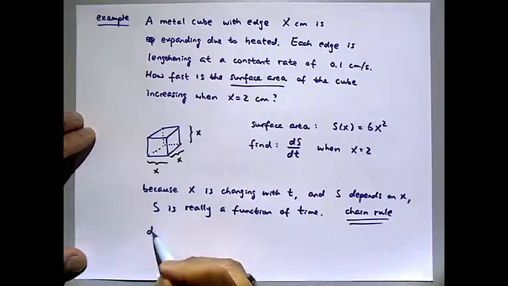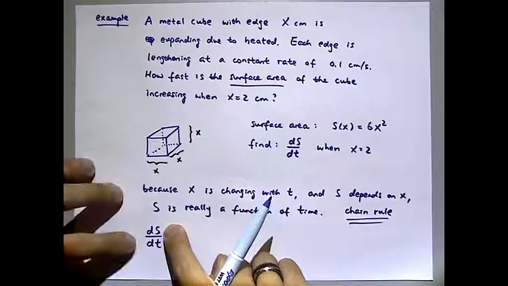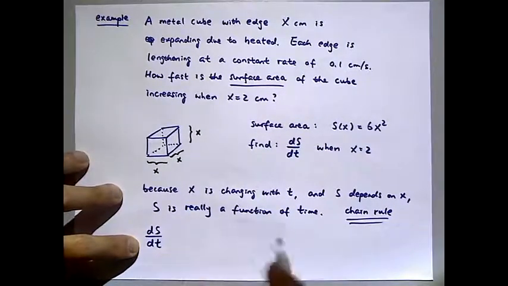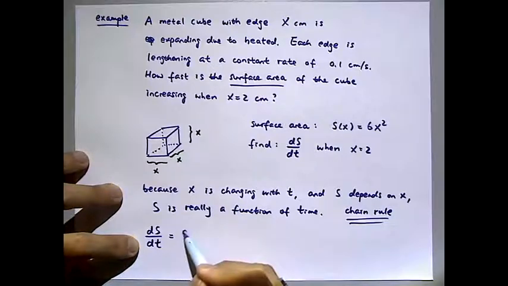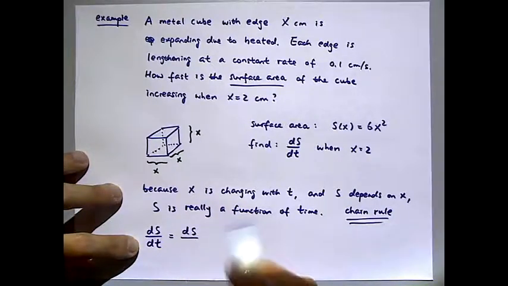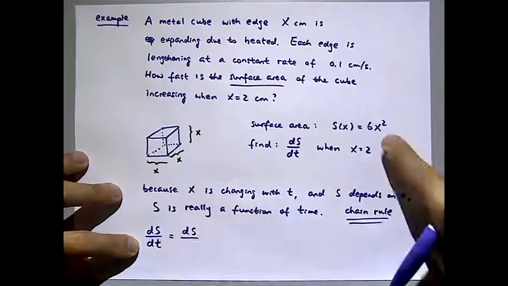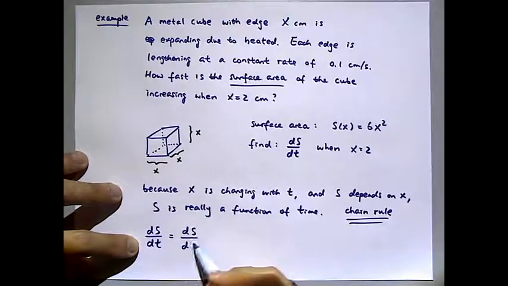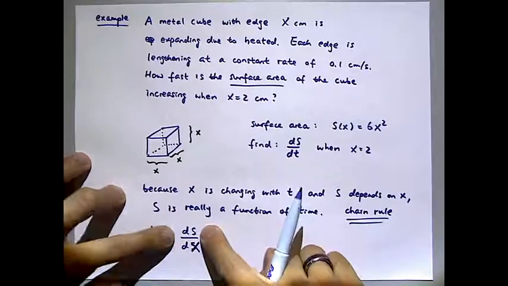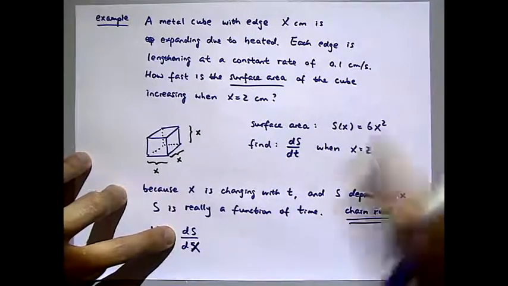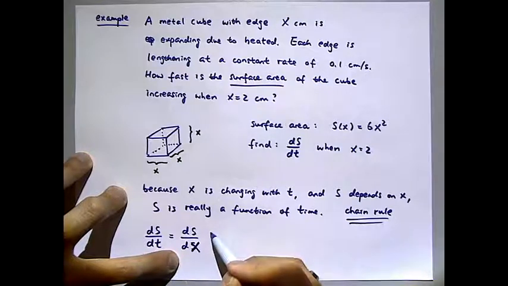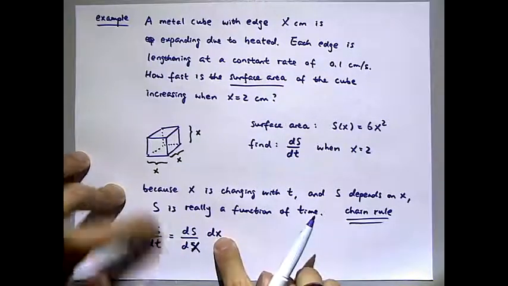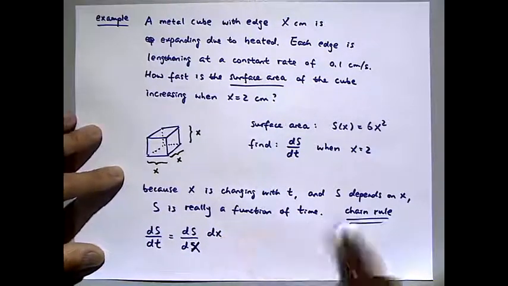So if we want to find the rate of change of the surface area with respect to time, by the chain rule we have to find how the surface area is changing with respect to what it depends on, dS/dx, sorry, right? S depends on x. And then we chain together how x is changing with time.